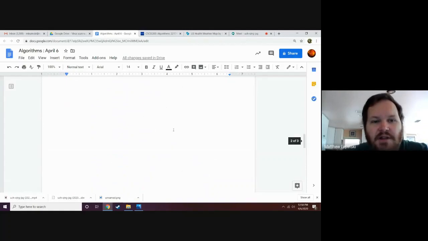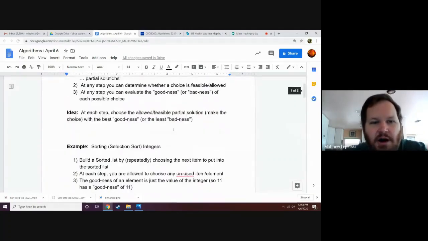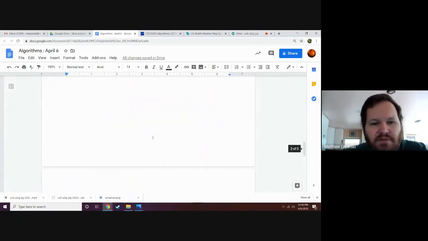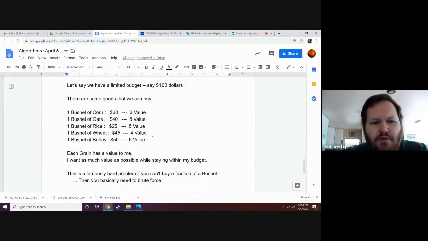So let's use our greedy algorithm approach. First of all, does this problem make sense? You can see intuitively here that oats are giving me a lot of value, so probably I want my solution to have a bunch of oats.